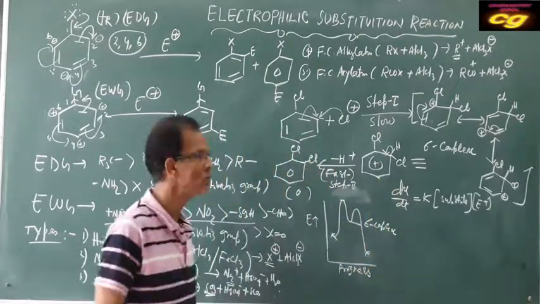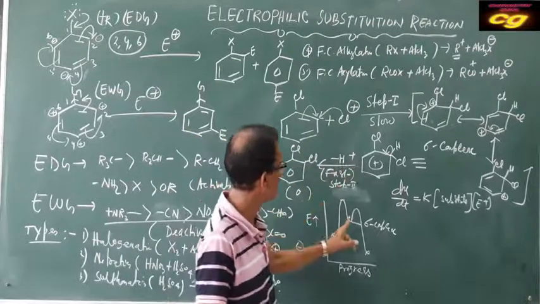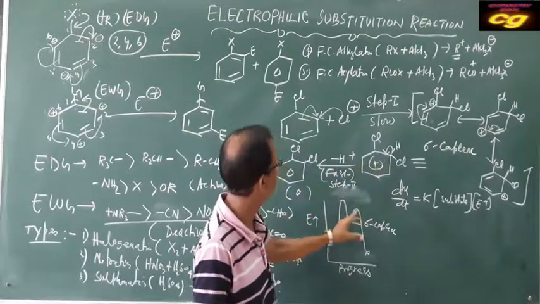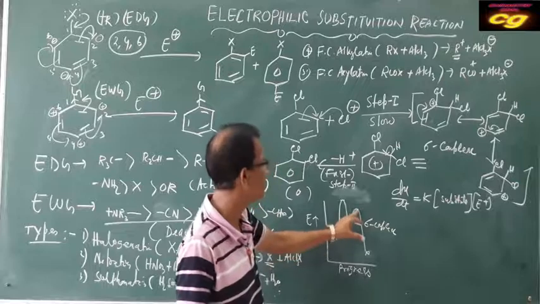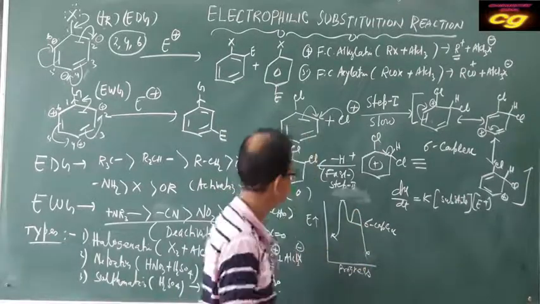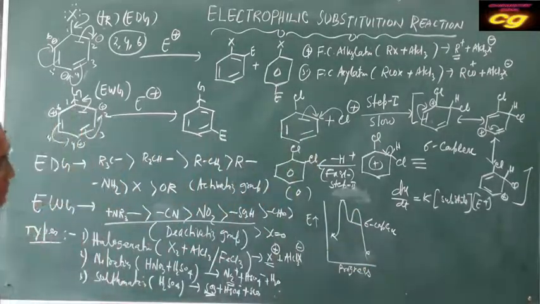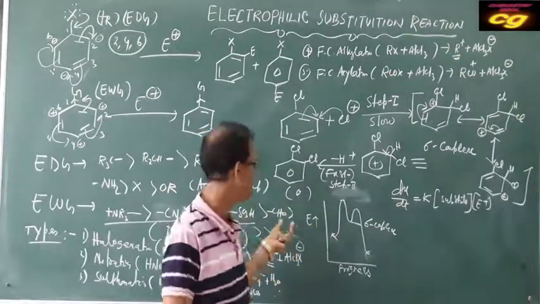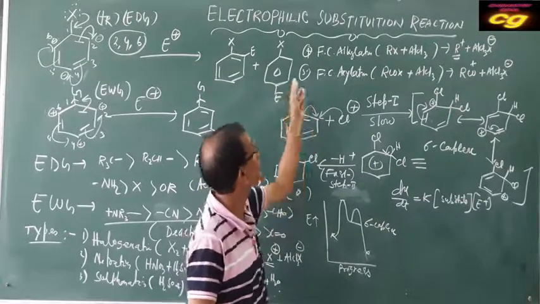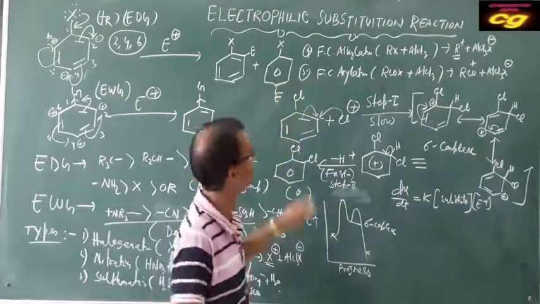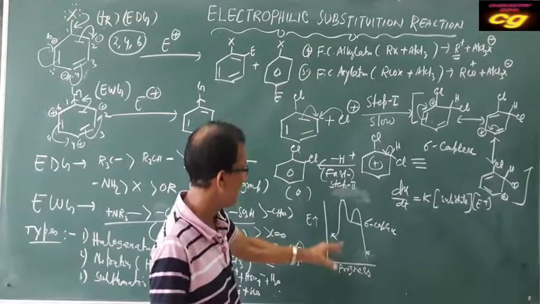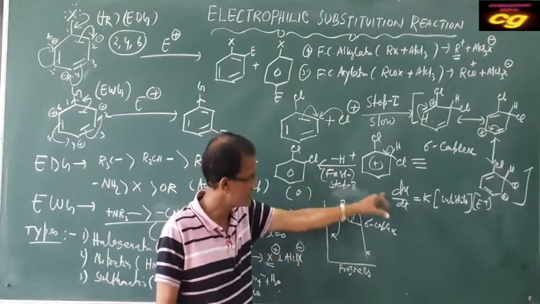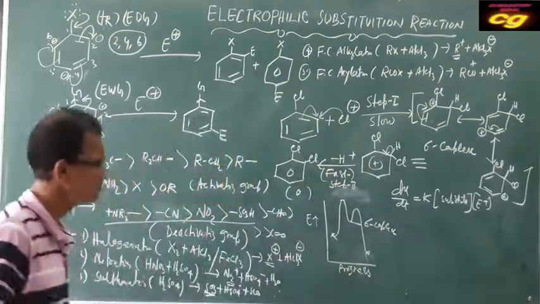Then due to loss of hydrogen, the energy first increases and then goes down. So this is the graphical representation of the electrophilic substitution reaction. Here the first step is the slow step, and the second step is the fast step.